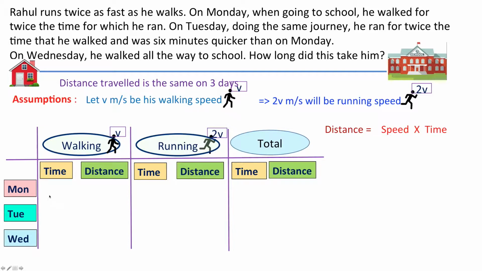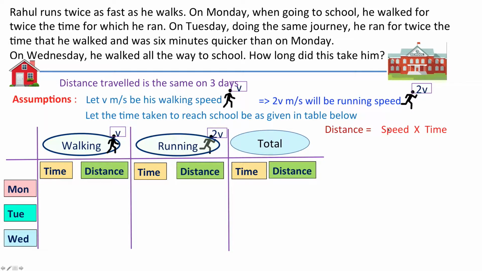The total here means the time taken for walking plus the time taken for running will be the total time taken for the journey on all the 3 days. Similarly, the distance covered in walking plus the distance covered in running will be the total distance between your house and school.